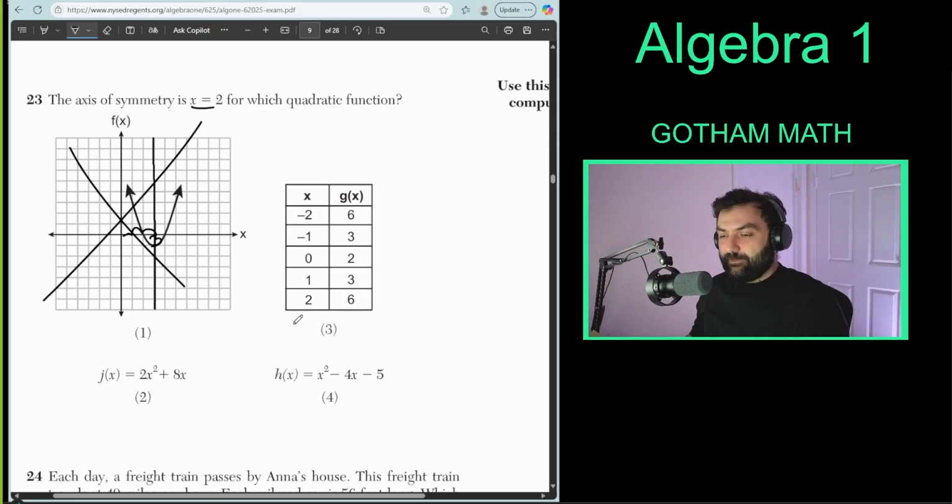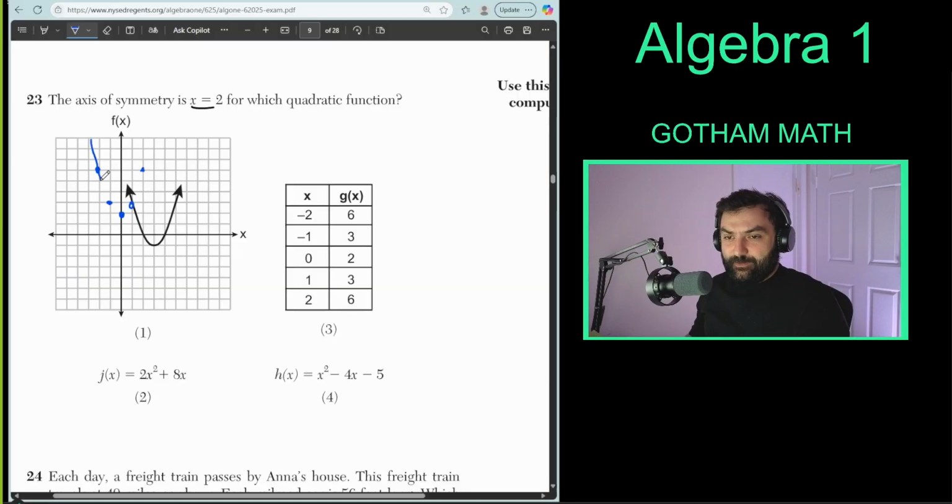And now those guys. All right, so here I would probably graph this if I had a graphing calculator. Actually, I would just be bold and graph it right here: -2, 6; -1, 3; 0, 2; 1, 3; 2, 6.